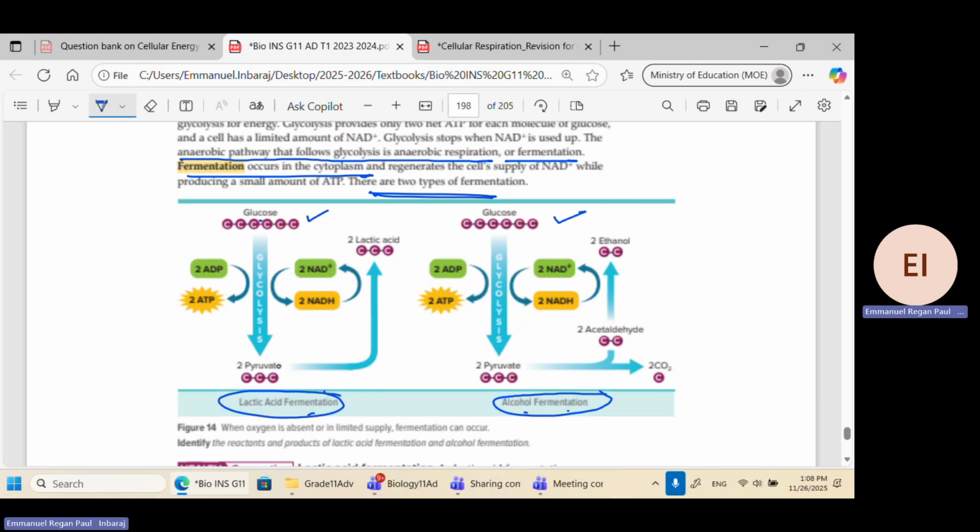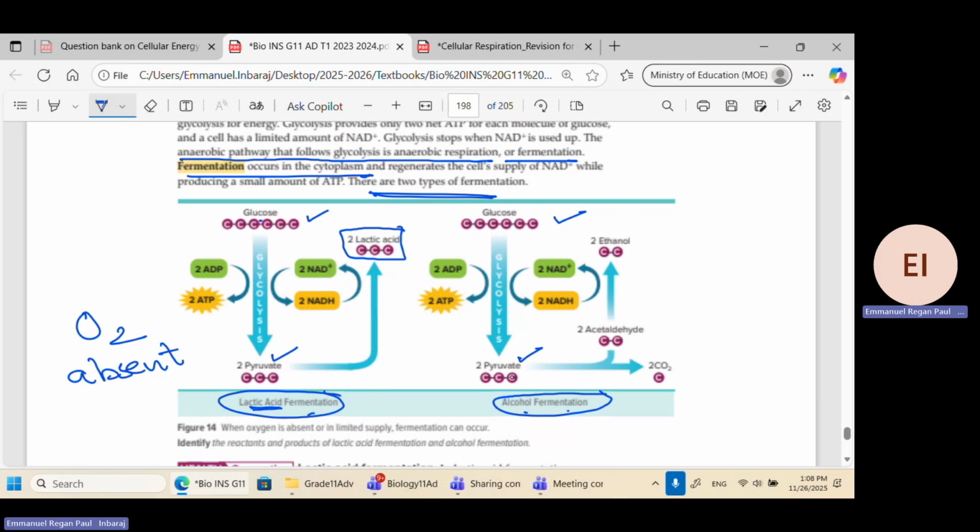Glucose is converted to 2 pyruvate in both, no change. What happens to the pyruvate? The pyruvate is converted to lactic acid. If it gets converted to lactic acid, you call this lactic acid fermentation. This will happen if oxygen is absent.